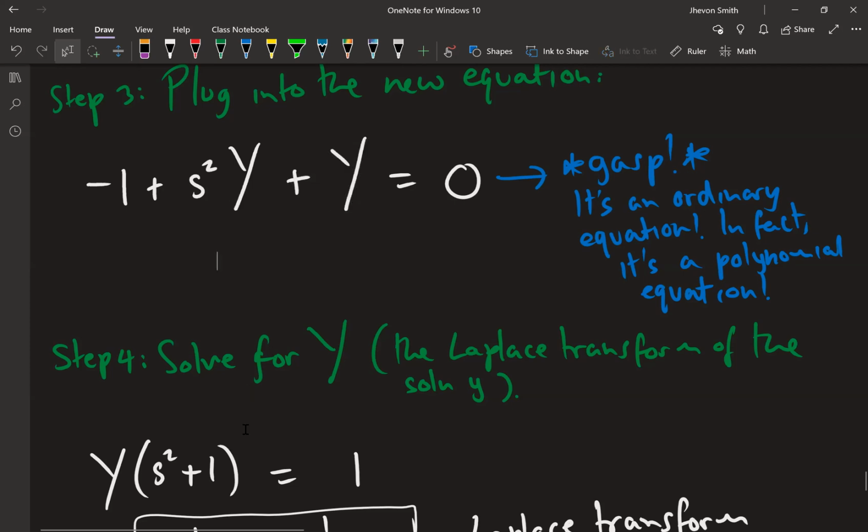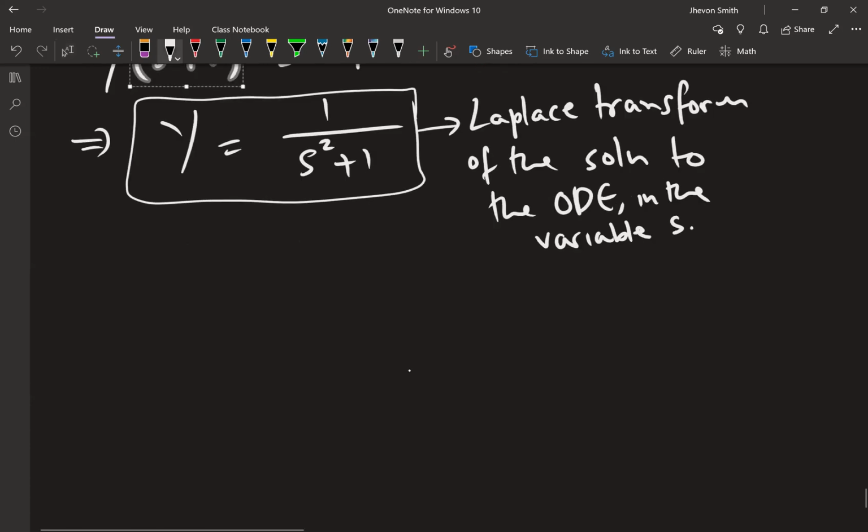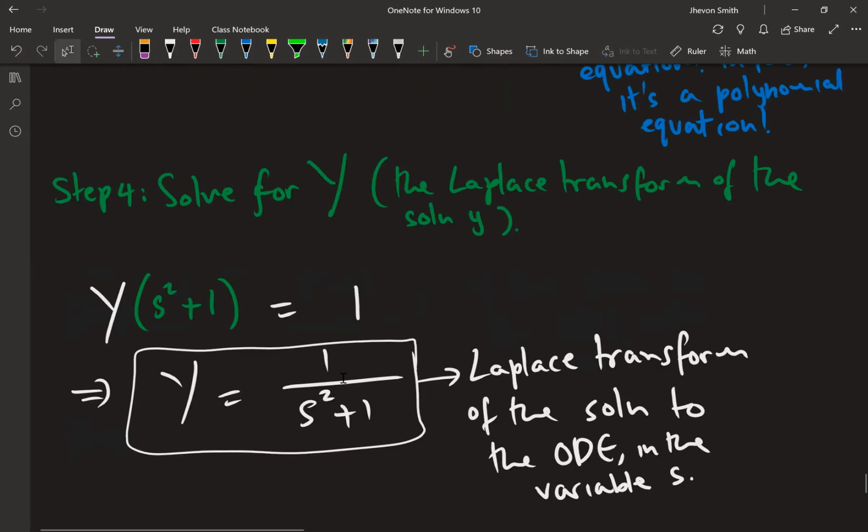Y is a common term, so I get s squared plus 1. Now here's what we would notice from the table. So now you need to translate your answer. So that's step, I don't know what step we're in, step 5.